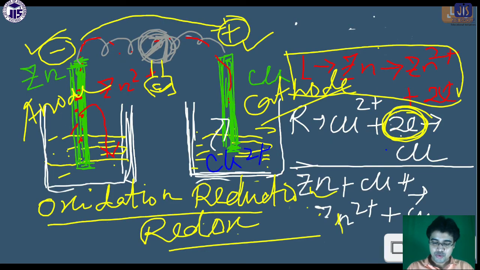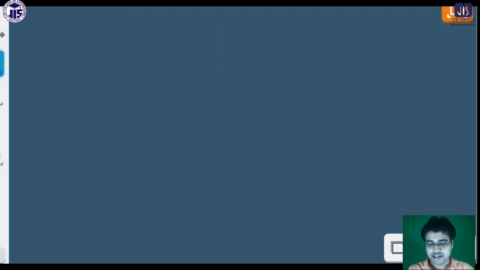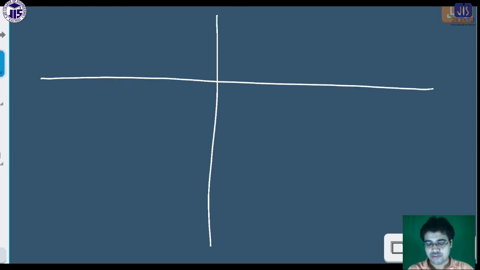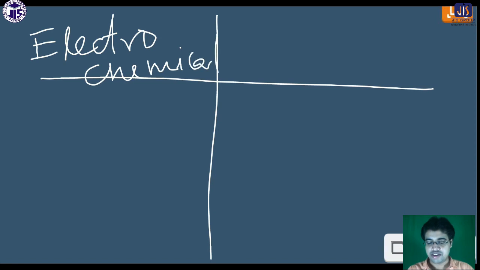In the electrochemical cell, anode is the negative sign and cathode is the positive sign. But in the case of the electrolytic cell, cathode is the negative sign and anode is the positive sign. So if we differentiate between electrochemical and electrolytic cell, what will be the difference? First one, if we write down electrochemical, and on the right hand side electrolytic.